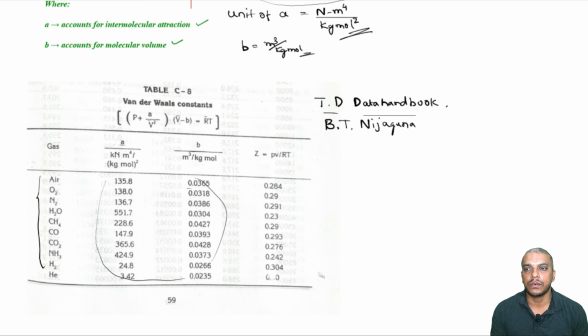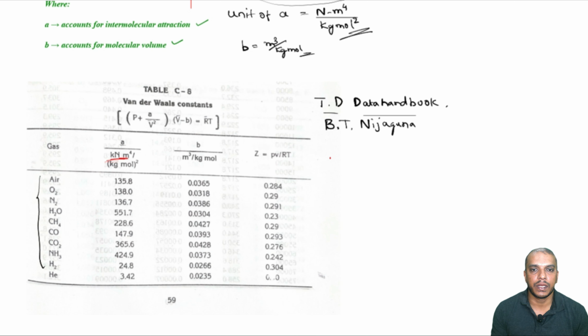Now, remember the unit of A in our equation has to be Newton meter power 4 divided by kg mole square. Very important: here the value of A is given in kilonewton meter power 4.